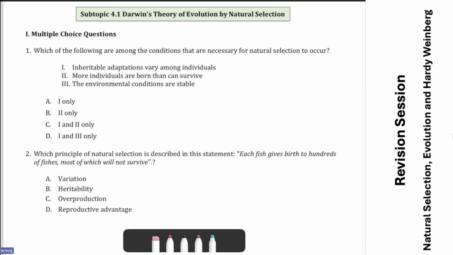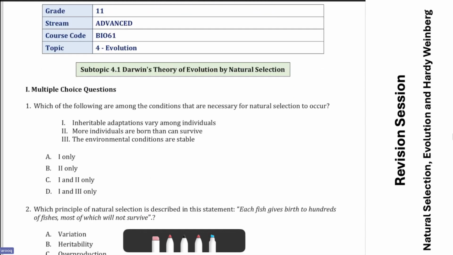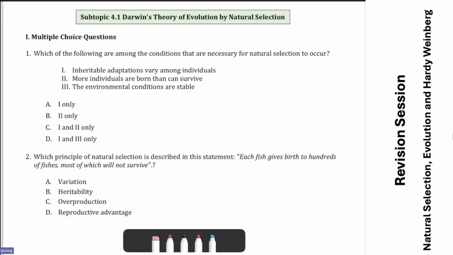So the first is the 4 principles. You need to know the 4 principles. Number 1, overproduction.